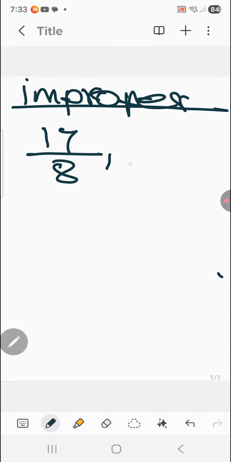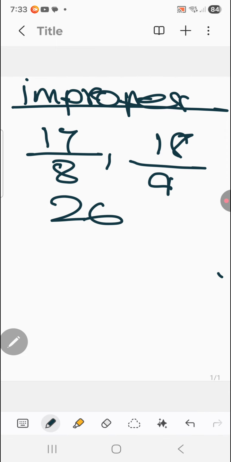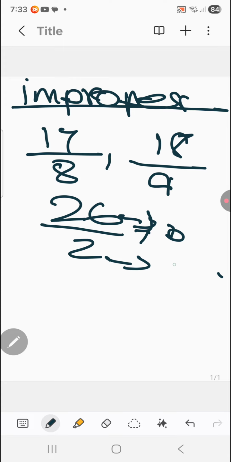A few examples of improper fractions are 18 by 17, 8 by 8, 18 by 9, 26 by 2, anything. But the only thing is the numerator should be bigger than the denominator, which is normally called improper.